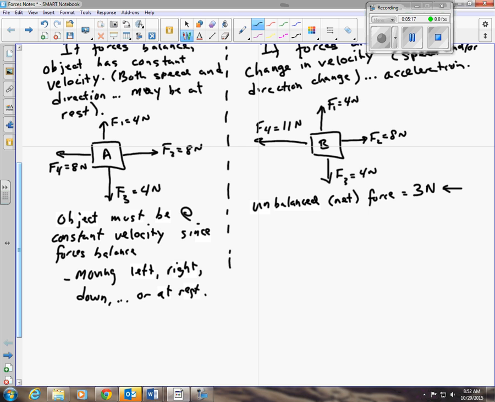So now we know that it is not constant velocity. There are a number of things that could be happening. It could be moving left, and this 3 newtons pushing it left would make it speed up.